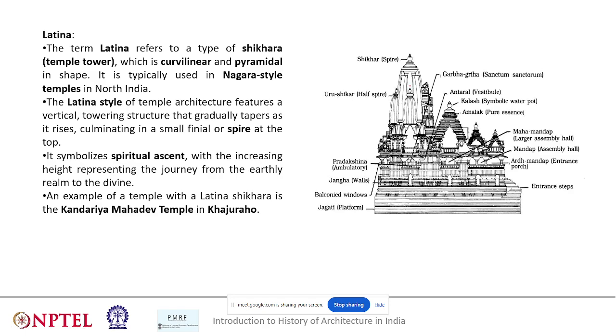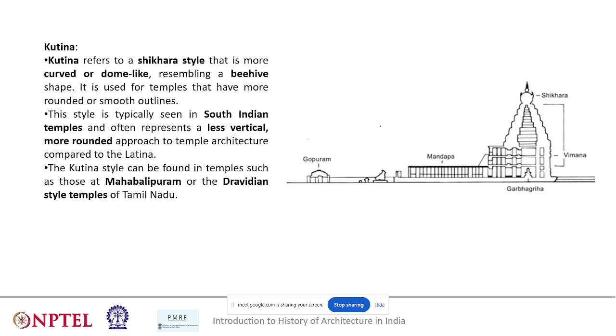So this is what Latina style temple is. The next one that we see is the Kutina style. Kutina style is something which is seen in the southern parts of our country, and as I have already mentioned, the term Kutina came from kutas. Kutas are basically huts.